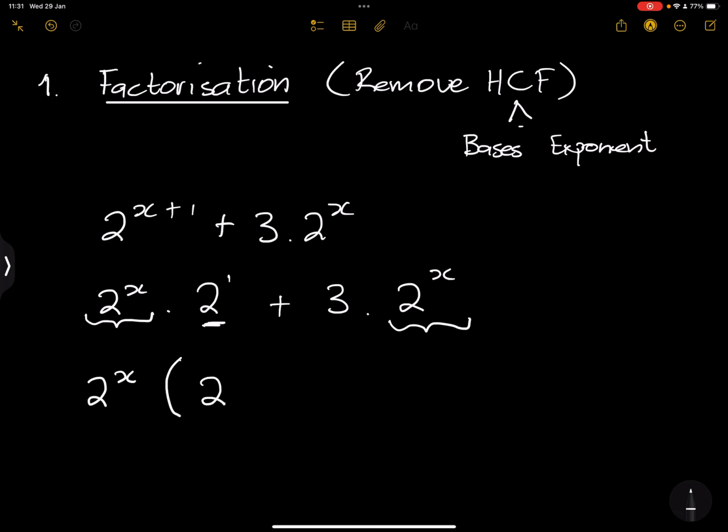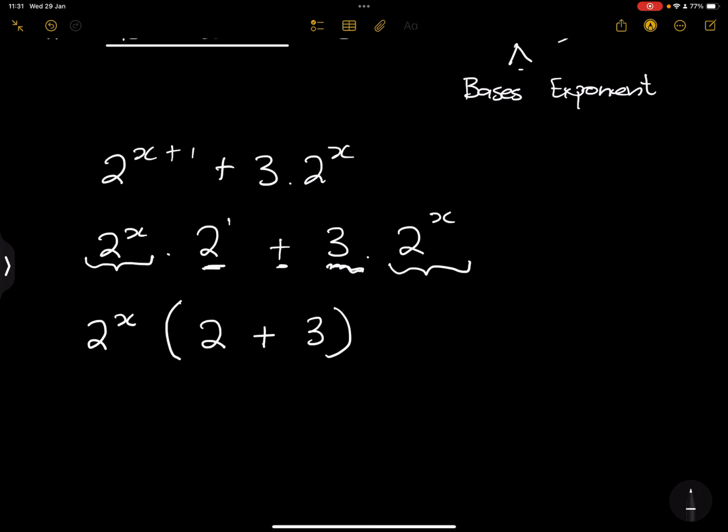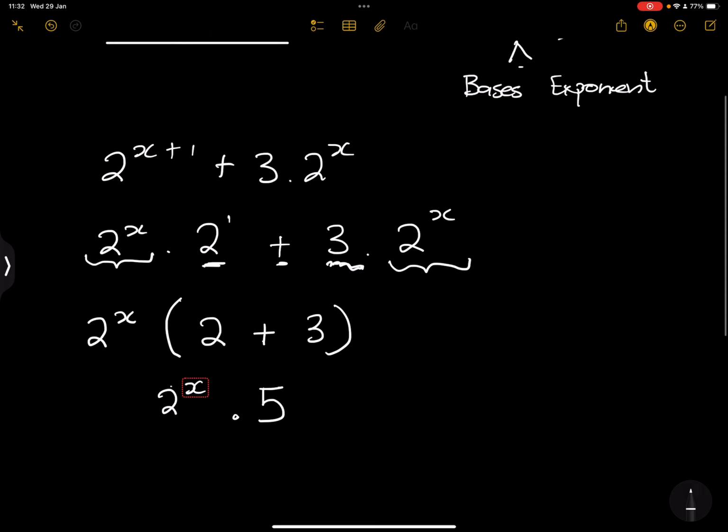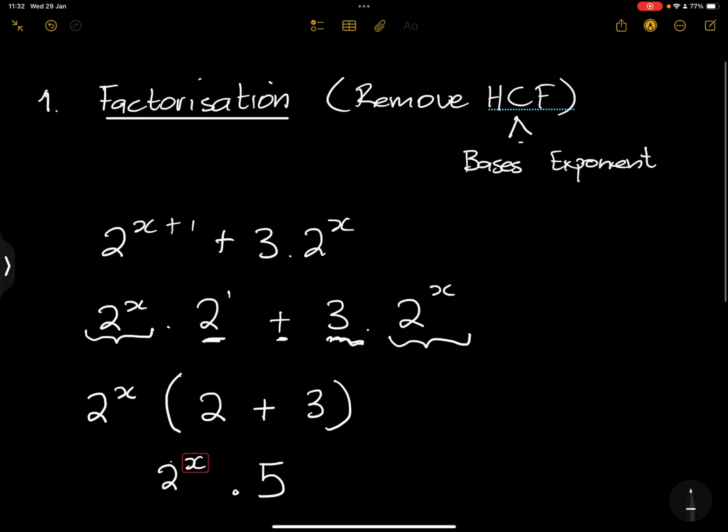And on the second term, I'm left with 3. Please don't forget that plus sign. So in actual fact, this works out to become 2^x multiplied by 5. I hope you can see that, ladies and gents. So please remember, when we are factorizing, the bases must be the same, and the exponents must be the same too.